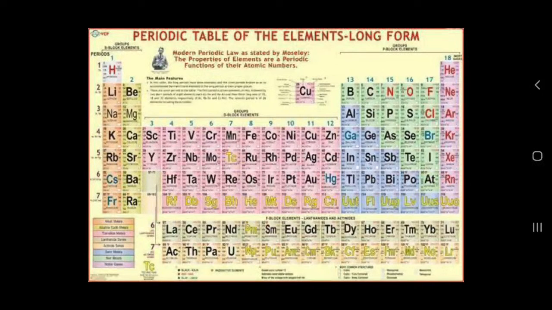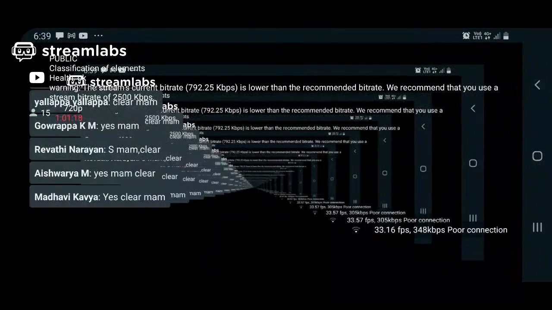And come to the lanthanides and actinides. How many rows are there? 2 rows. And these are called F block elements. So these are the merits of the modern periodic table. Hope the concepts of Moseley's modern periodic table were clear.